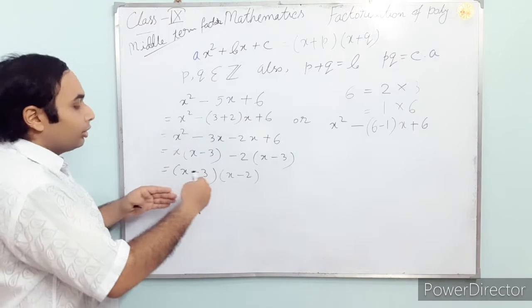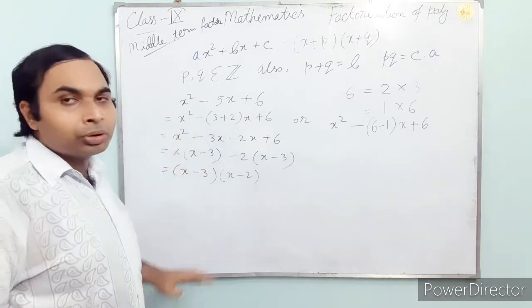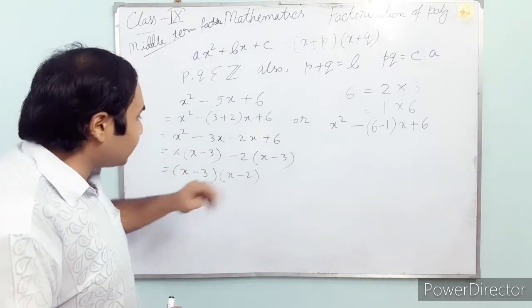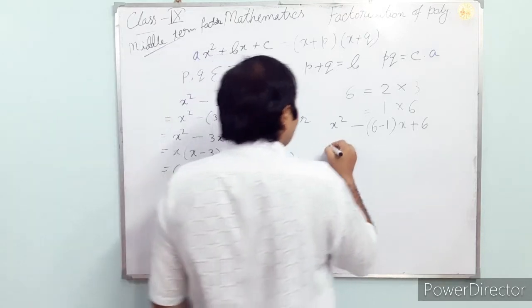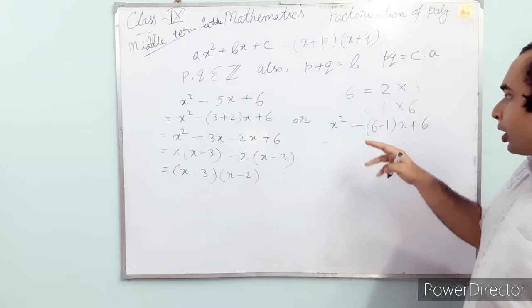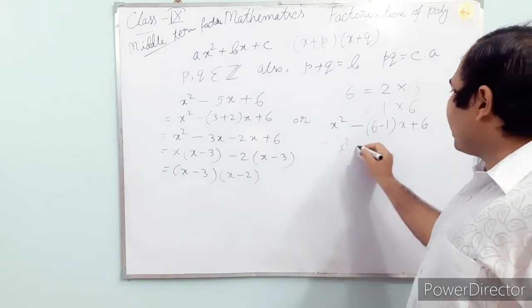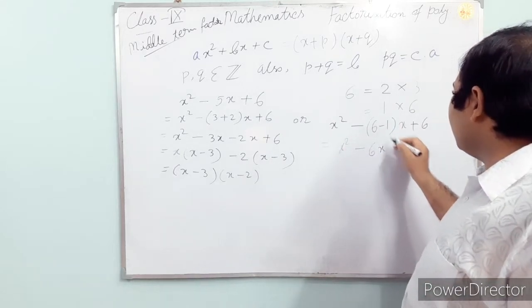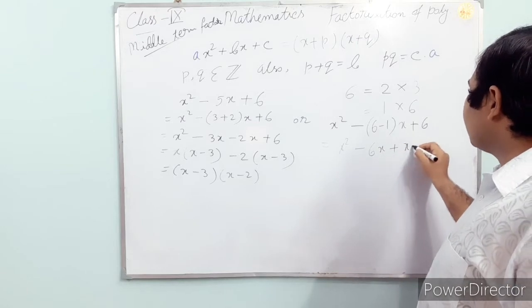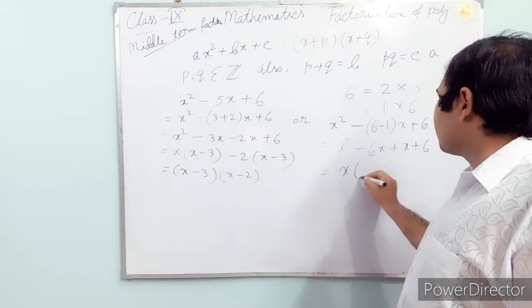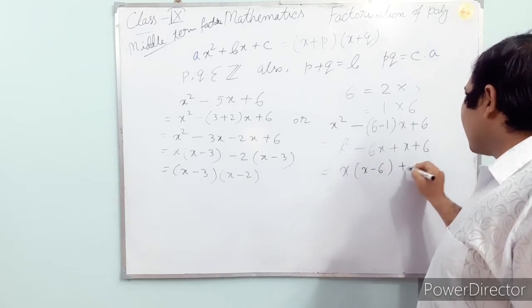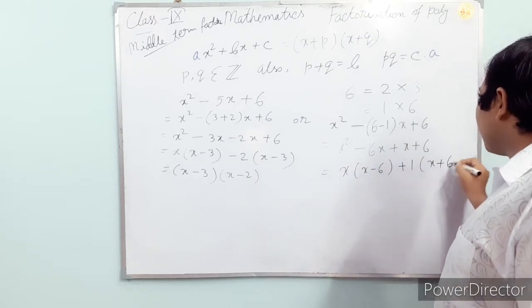You can verify. You know how to do the multiplication of algebraic expressions. You can verify. Okay, I am showing this one at first. That is why this is wrong. Just see, x square minus 6x is coming, minus minus plus x is coming, plus 6 is coming. Now x will be common from those two. X minus 6 plus 1 will be common, so x plus 6.